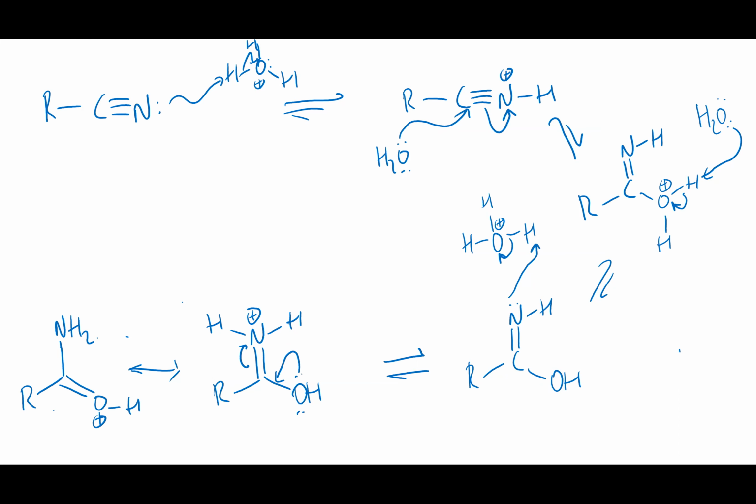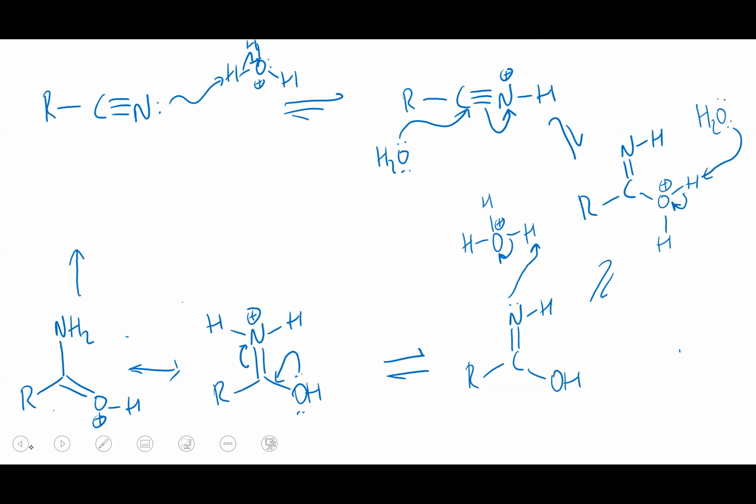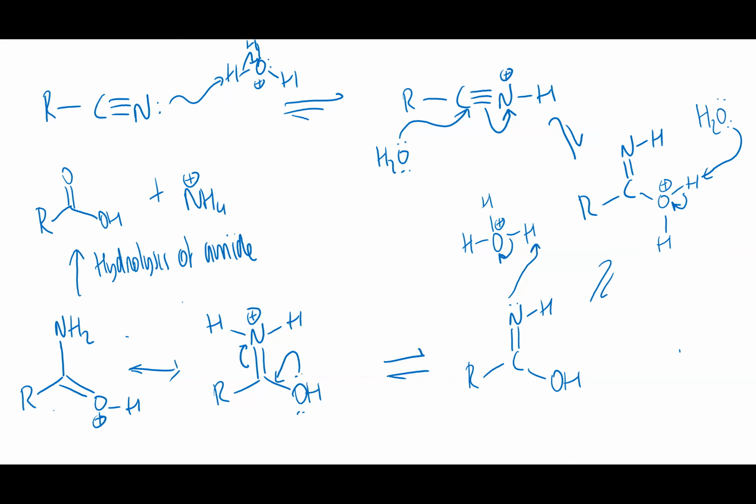So the textbook shows the deprotonation, but if you were going to continue this on, and you should be able to do this, you could practice, continue this on to finish up the hydrolysis. You would be able to get from here to here using the hydrolysis of the amide mechanism.